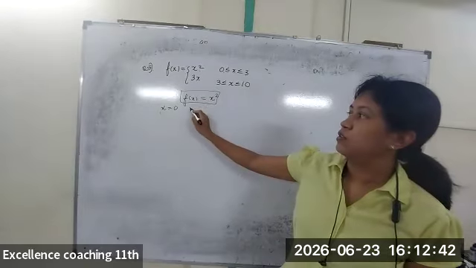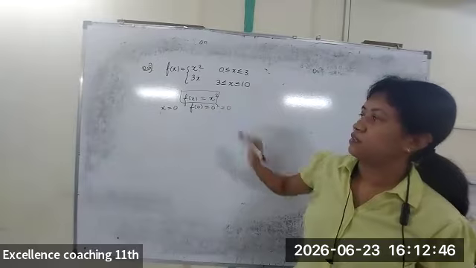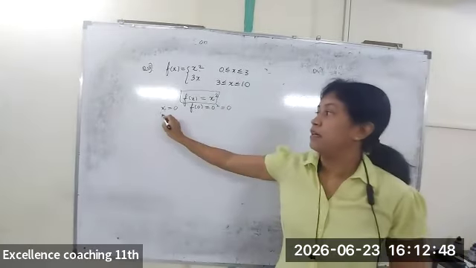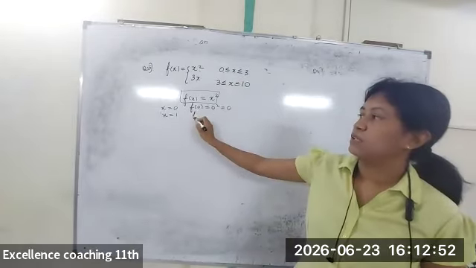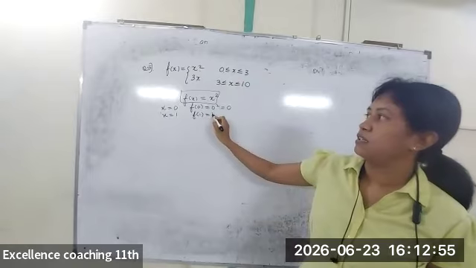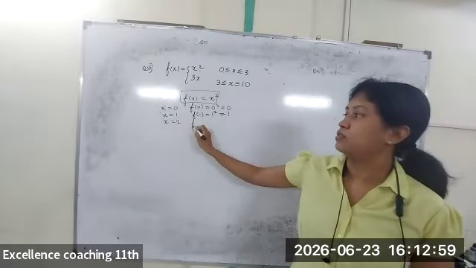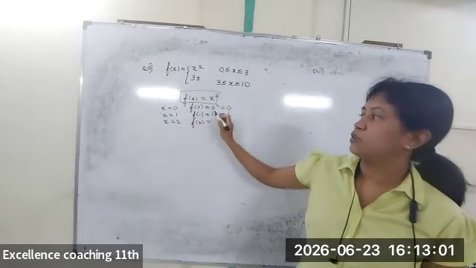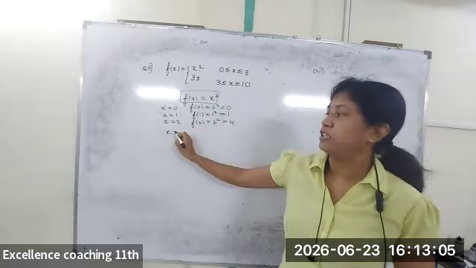When x is 0, what is f of 0? Then put x equals to 1. X equals to 1 means f of 1, so 1 square, which will be 1. X equals to 2, which will be 2 square, which is 4. And then last, x equals to 3.